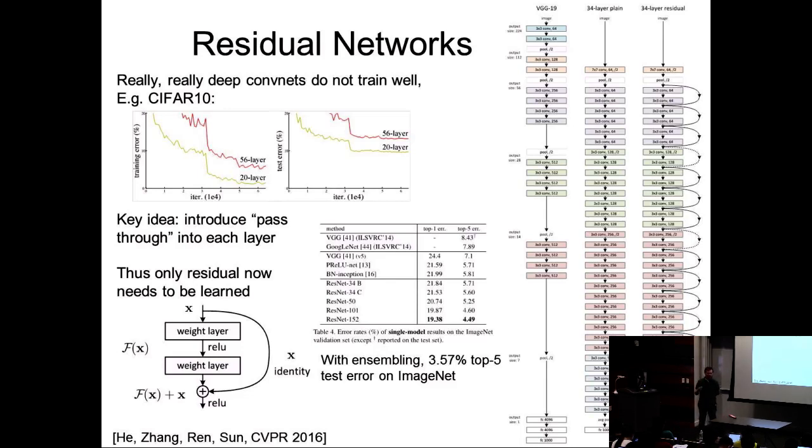People are trying to figure out how do I do optimization? Maybe if you use second-order methods, or maybe if you use something better, you could optimize these models better. But what the residual networks folks did is they basically introduced pass-through into each layer.